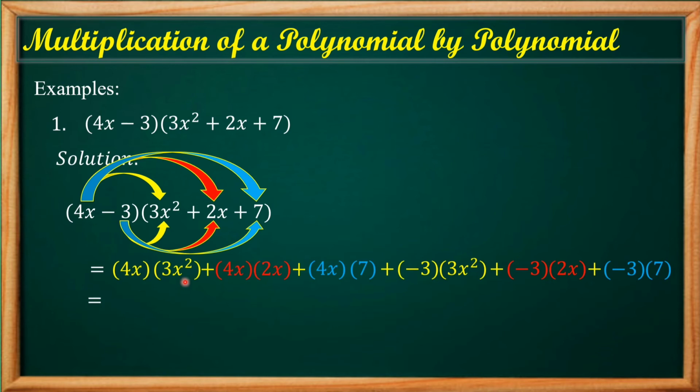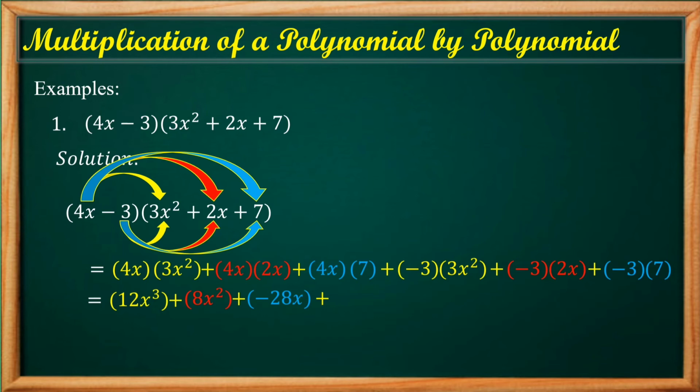4x times 3x squared is 12x cubed. Next, 4x times 2x means 8x squared. Then plus 4x times 7, you will have negative 28x.